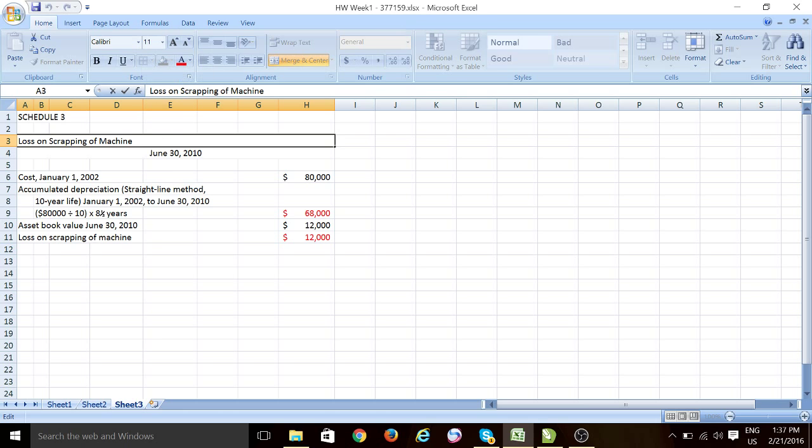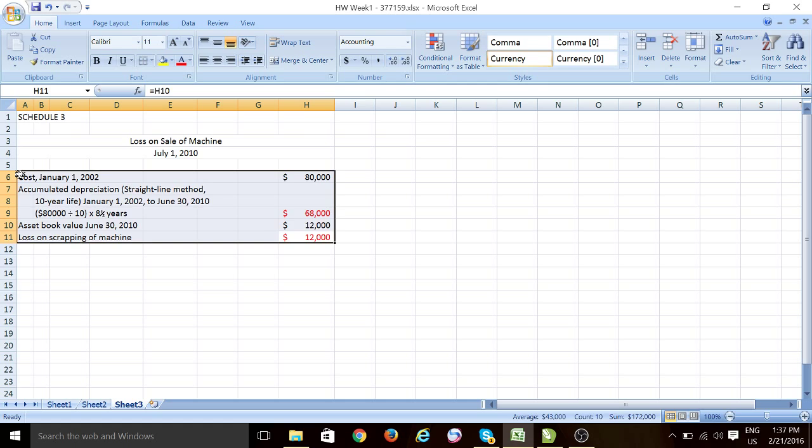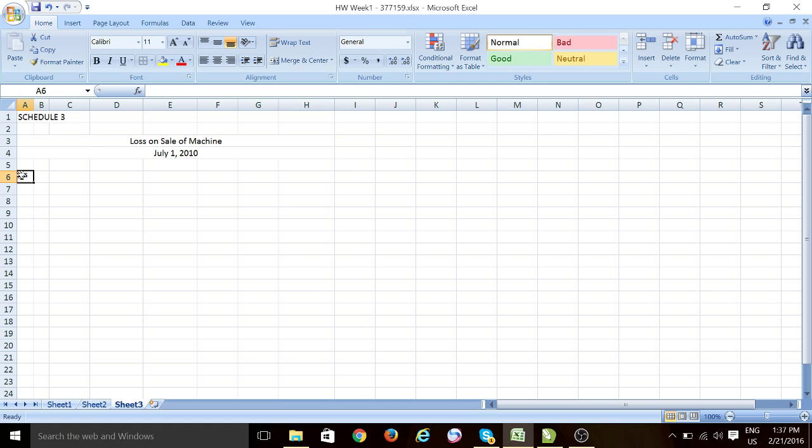Loss on sale of machine, July 1st, 2010. So the same format as before.